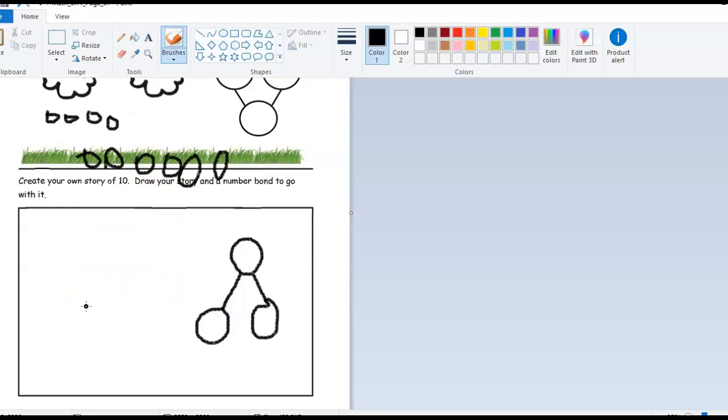So if you want 5 red gumballs and 5 green gumballs, you can draw your gumballs here, find your 2 parts, and fill in your whole. Or if you want 3 pairs of black shoes and 7 pairs of red shoes, you can draw your story here, find your whole, and fill in your 2 parts.